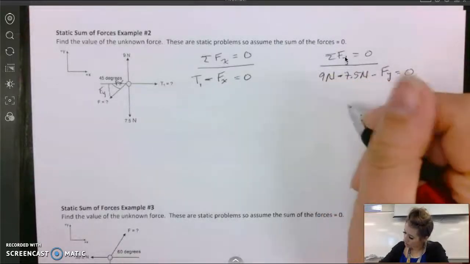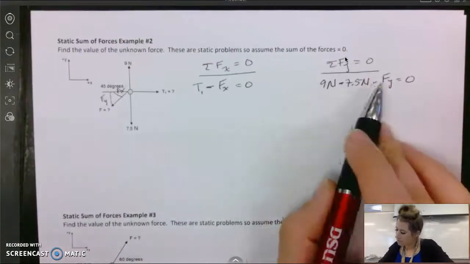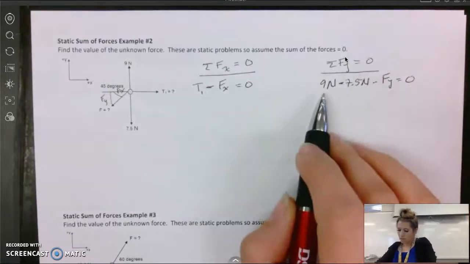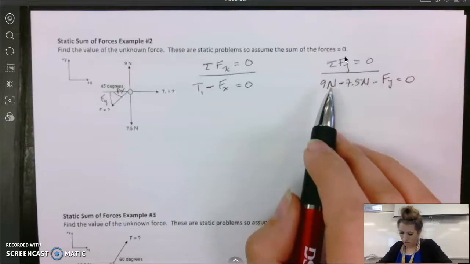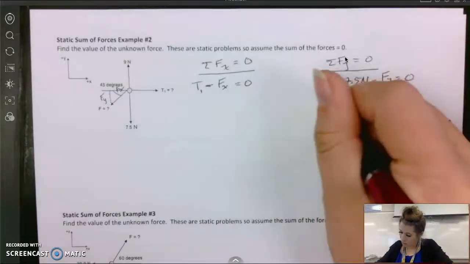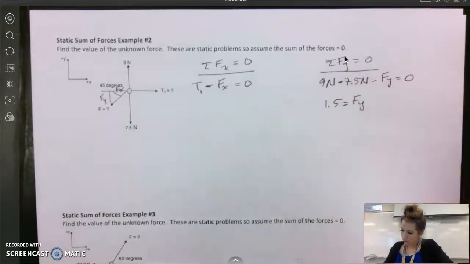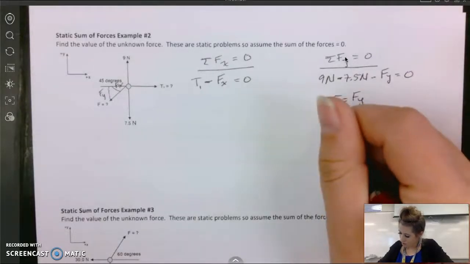And so we can take, let's, the simple way would just be adding that to the other side, right? So we have 9 minus 7.5, so that'd be 1.5 is equal to, and I added that to the other side, force in the y direction, right?